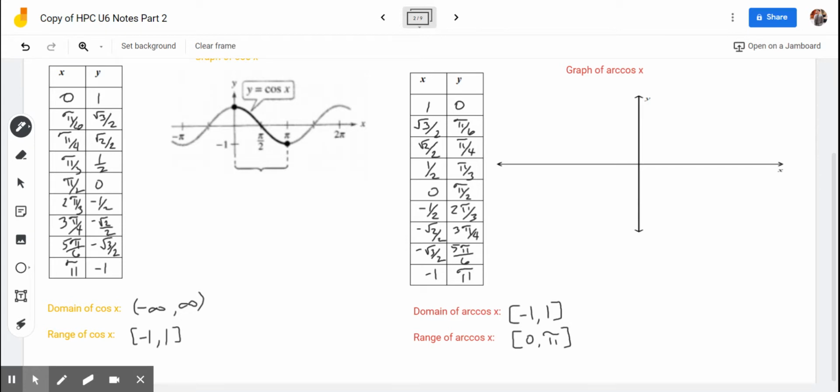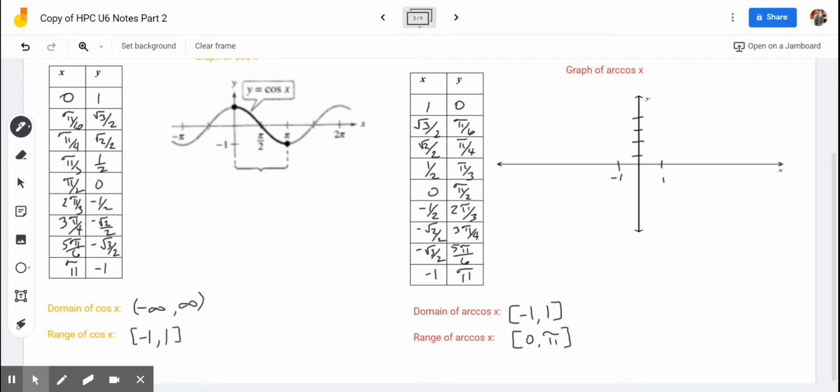Let's graph negative 1 to positive 1 for our domain, and then our range is going to go from 0 to pi. I'm just going to label the x-axis as well.